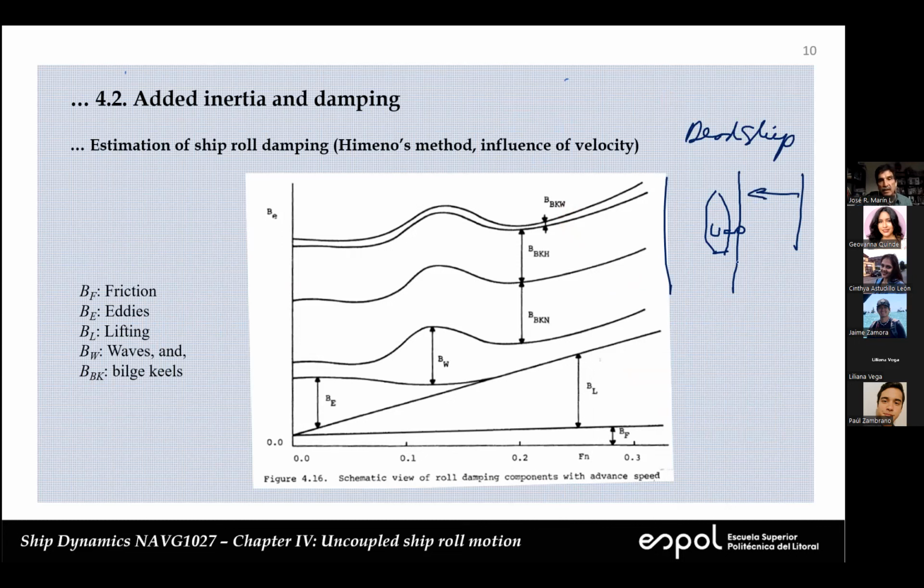What happens in this case? Since you have no velocity, you have the lowest value in damping. In the calculation that IMO asks us to do, they are asking us to consider the worst situation. The worst situation is to receive the waves from the beam with the lowest damping coefficient, which is when the ship has no velocity.